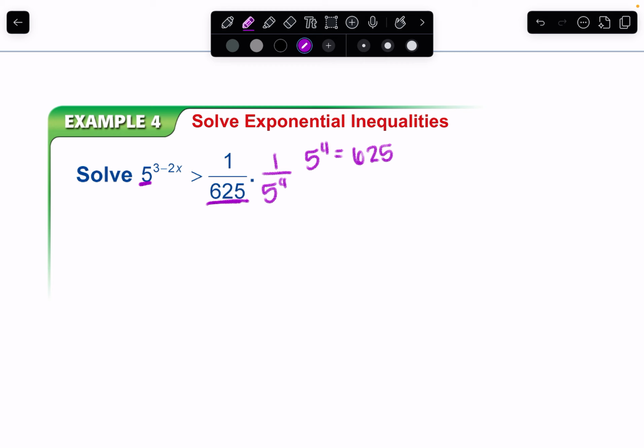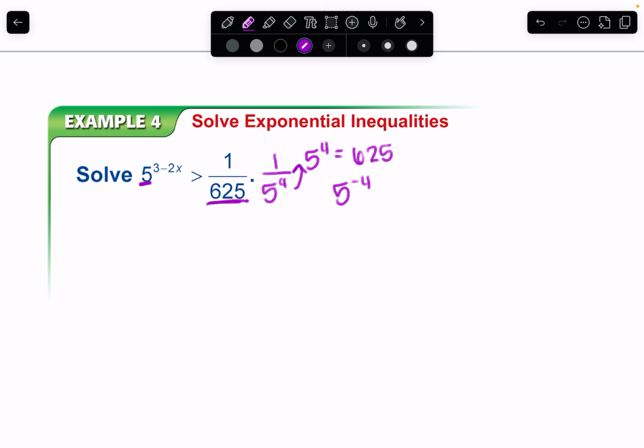I don't want a whole number and a fraction. So if I have something that's in the denominator like this, I can move it to the numerator. Whenever I do that, I'm going to end up with a negative exponent. So that's why it became a fraction in the first place. Normally I don't want a negative exponent.